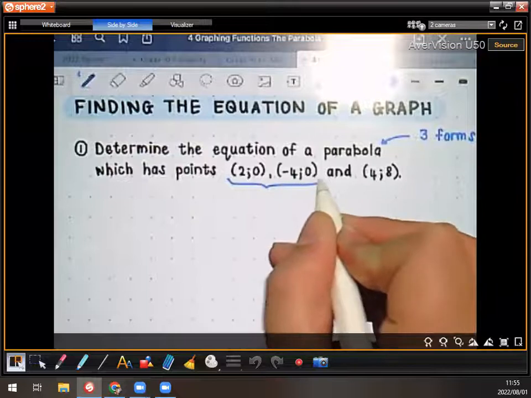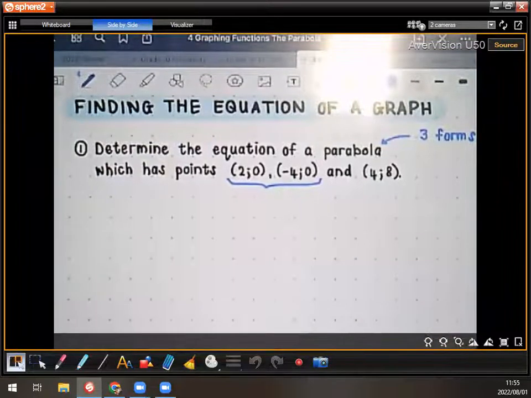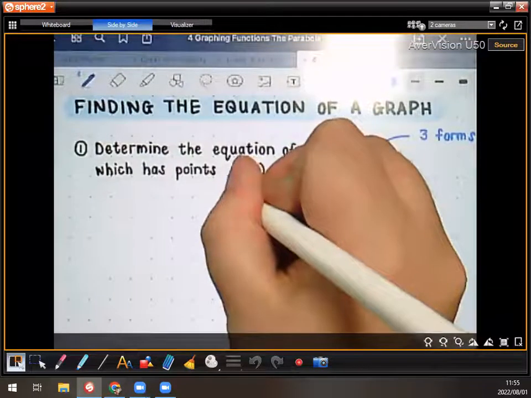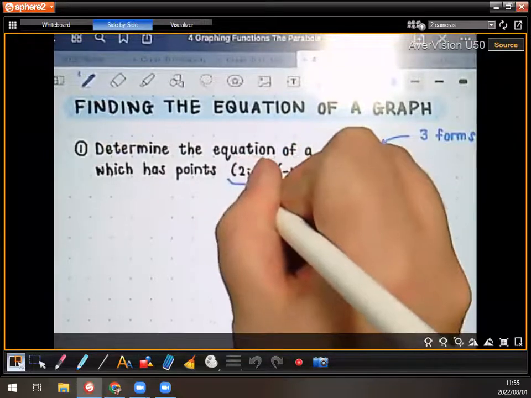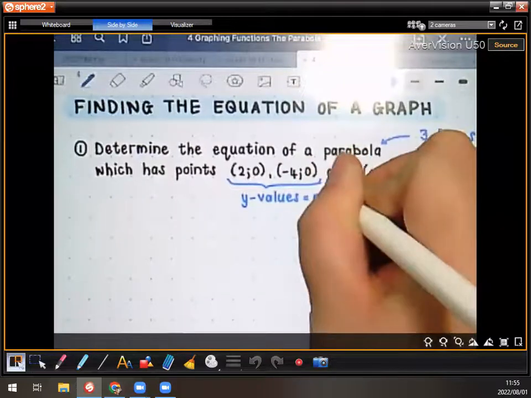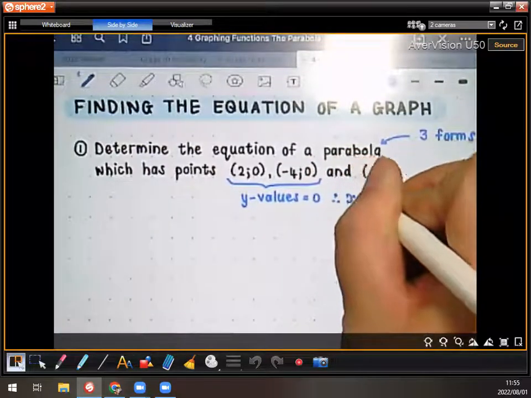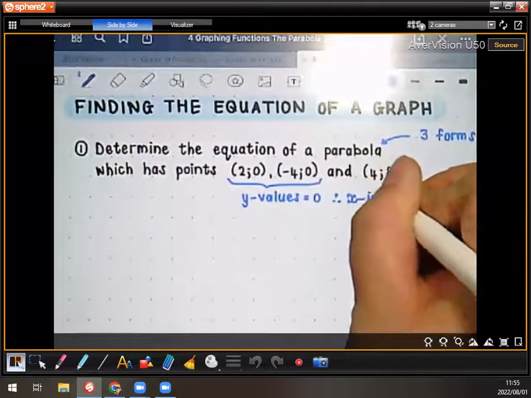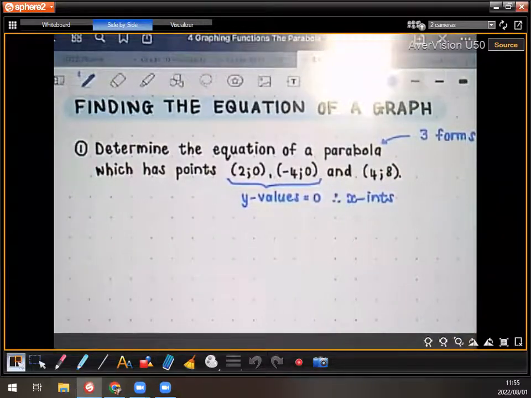These 2 points, even though they didn't tell us that they're x-intercepts, we need to know that they have y values equal to 0. So these are the x-intercepts. If you go back to all the graphs that we've drawn so far, guys, whenever we calculated an x-intercept, what did we do to get the x-intercept?